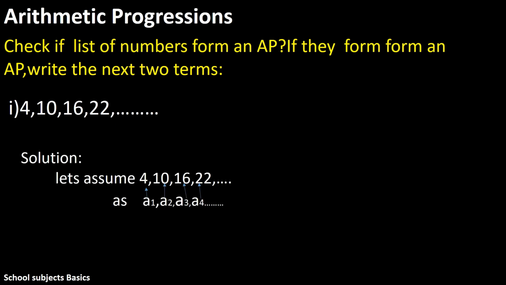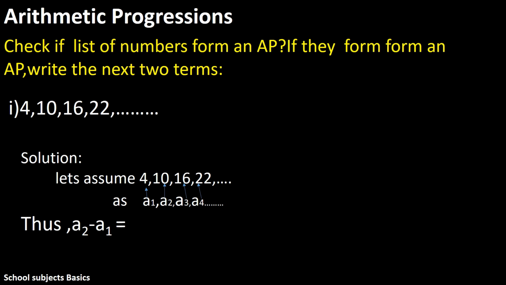First we assume 4, 10, 16, 22 as A1 for 4, A2 for 10, A3 for 16 and A4 for 22. Let's check the first one. We first check A2 minus A1, that is A(k+1) minus A(k). In simple terms, second term minus first term.